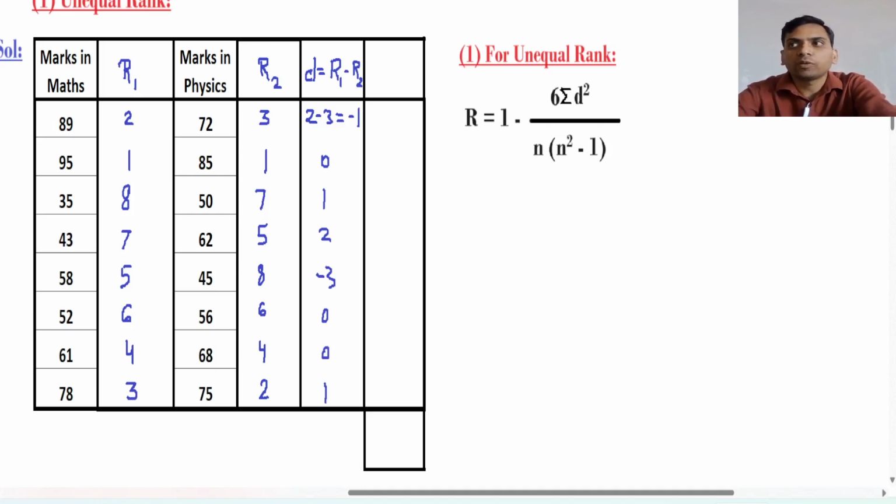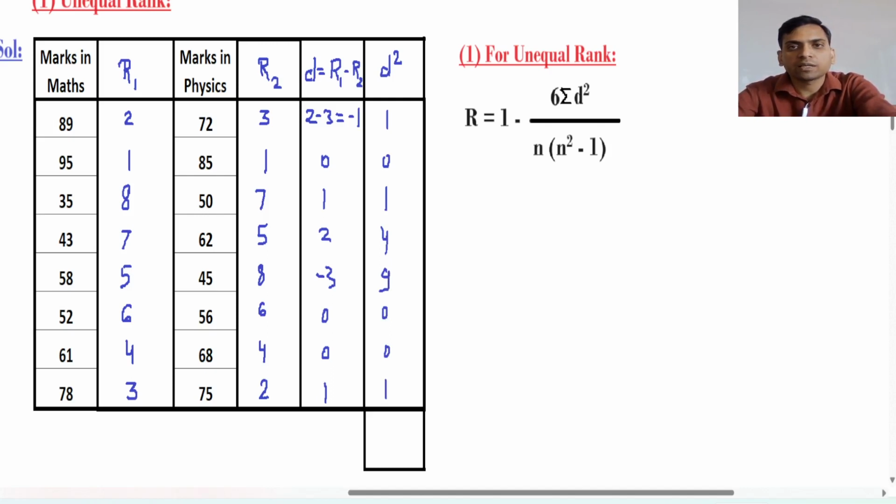Now in the formula, your requirement is summation D square, so you will prepare a column for D square also. The square of minus 1 is 1, square of 0 is 0, then 1, then this is 4, this is 9, this is 0, this is 0, and this is 1.